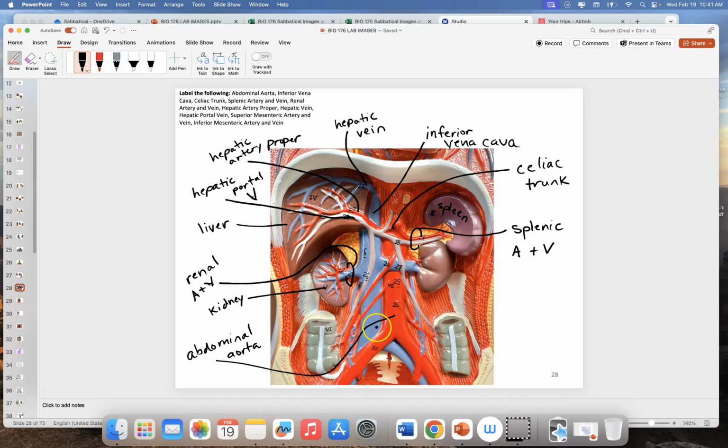If we go ahead and start over here, this vessel right here is going to be our inferior mesenteric vein. And then right here, we've got our inferior mesenteric artery.